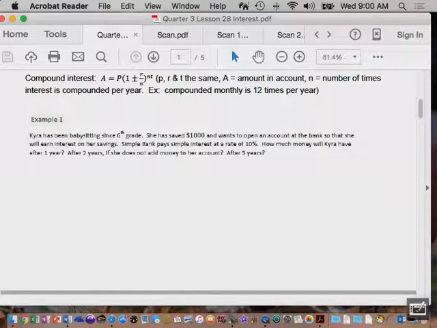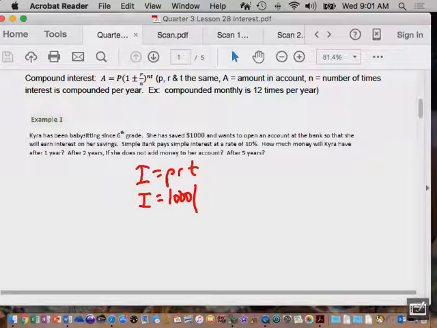Kira's been babysitting since 6th grade. She saved $1,000, wants to open an account at the bank so that she will earn interest on her savings. Simple interest pays at 10% a year. How much will she have after, let's go 5 years? Simple interest is what you covered last year. It's I equals PRT. The principal, that's what you start with, is 1,000, times the interest rate, which is 10%, so 0.10, and we're going to leave it in there for 5 years.